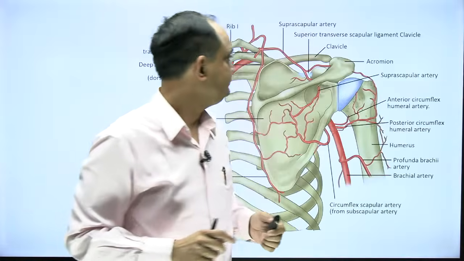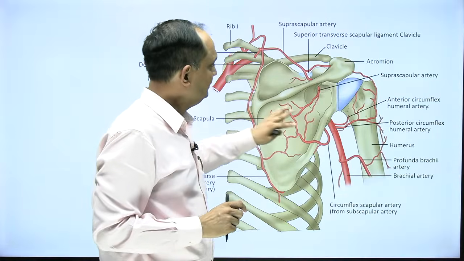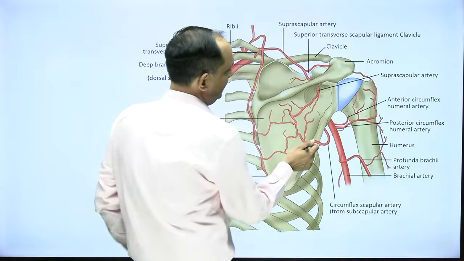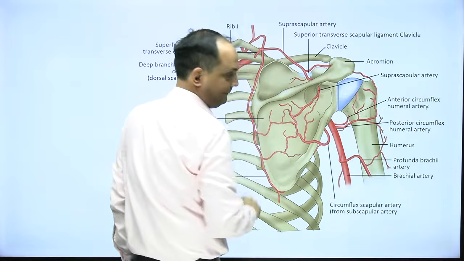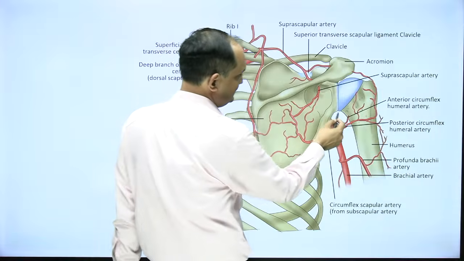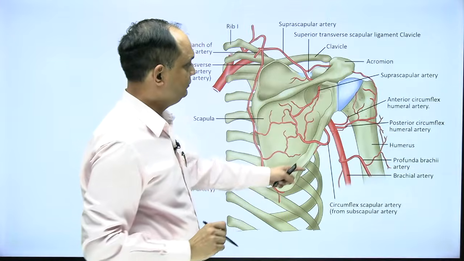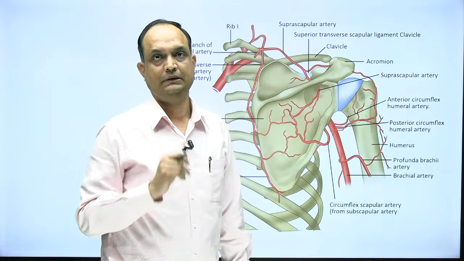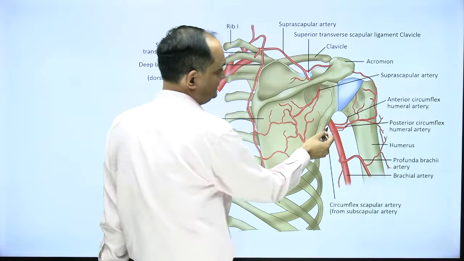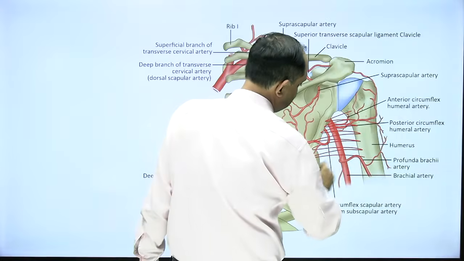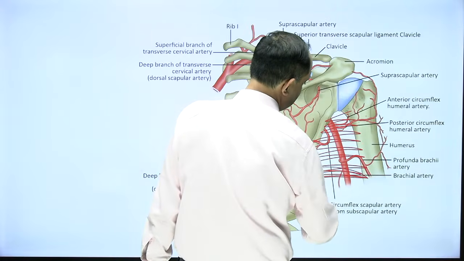Clear? Second thing: if you are seeing from the posterior side, here you are able to see the artery. Clear? But this gap is not there. You will not find this much open area in a living person. Why? Because this artery is posteriorly covered by the posterior axillary fold structures, which I just told you.